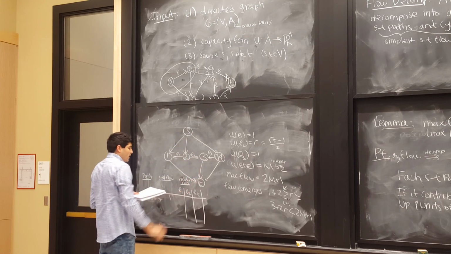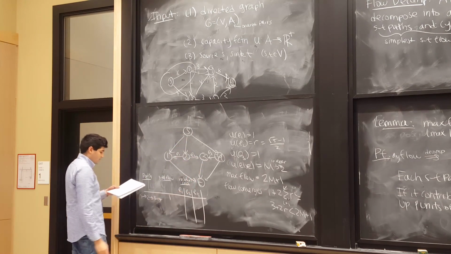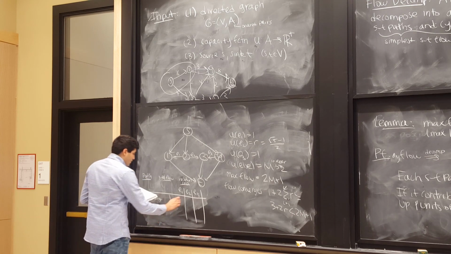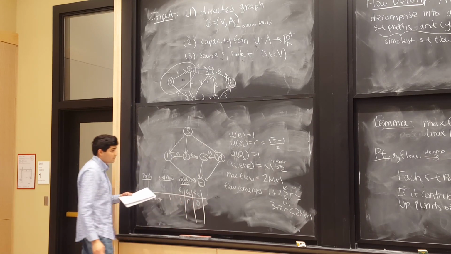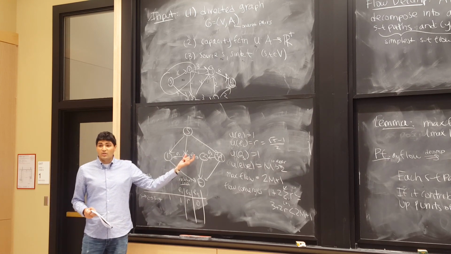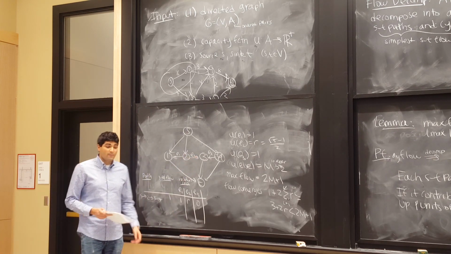So it goes all the way along here, and that's fine. And what happens to the new capacities of these edges? We get 1, R, and 0, because this edge E3 in the middle is now completely wiped out.